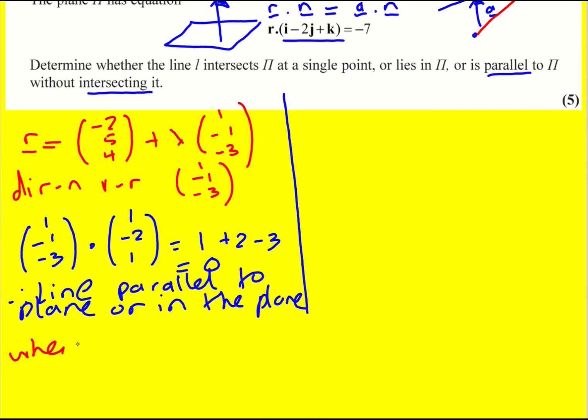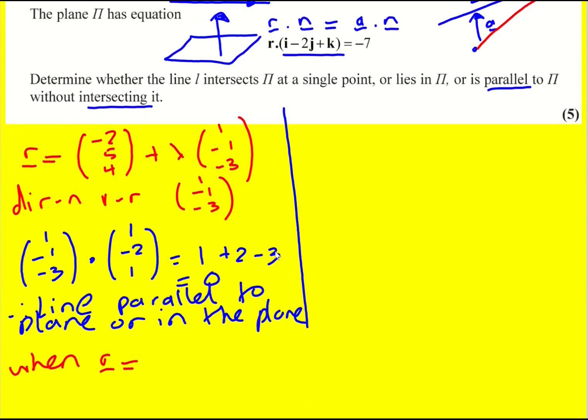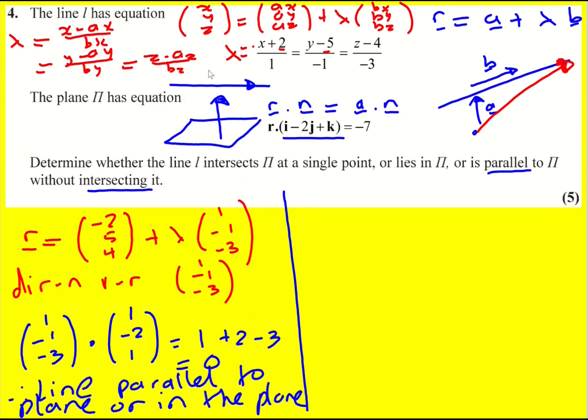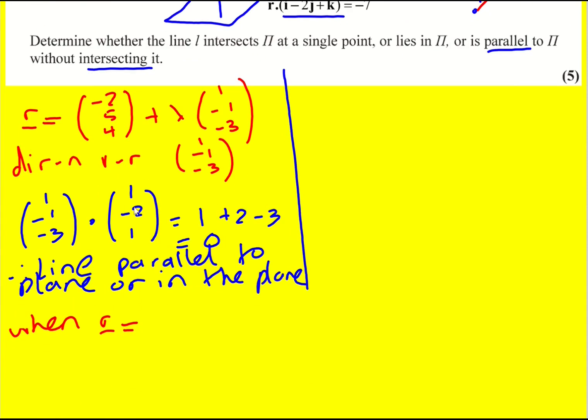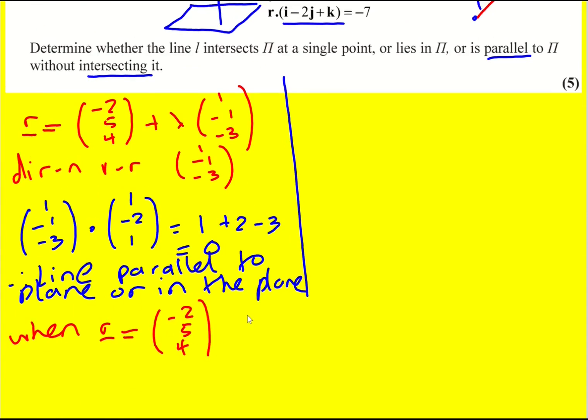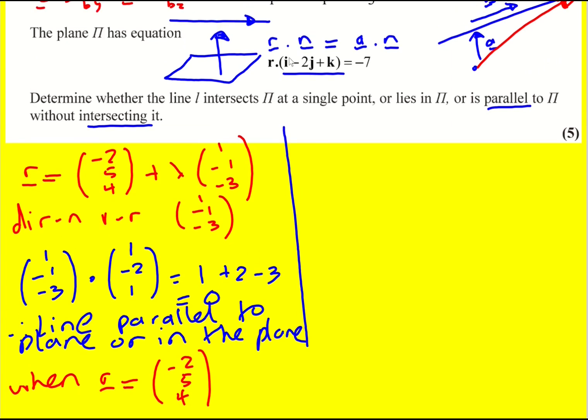So when r equals, and now I would use my minus 2, 5, 4. If that is in the plane, then when I dot it with the normal vector, I should then get minus 7.